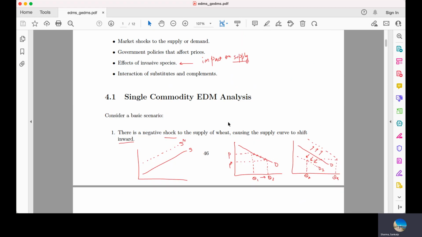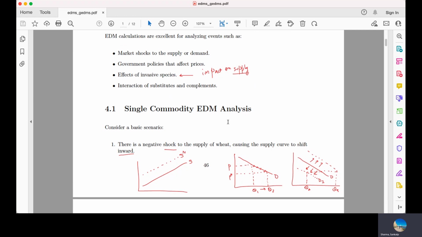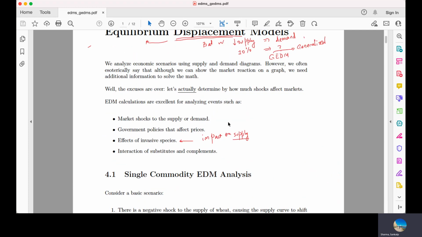What I want to do is a bit of a review of what the equilibrium displacement model was. The idea is that we are trying to understand what happens if there are sudden changes in the market, in the supply, or if there is a demand problem. These days, for instance, I am looking at some research in the Ohio, Pennsylvania area, where there may be certain issues associated with carbon intensities.